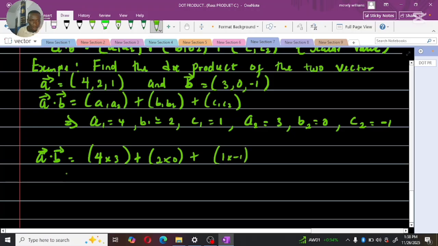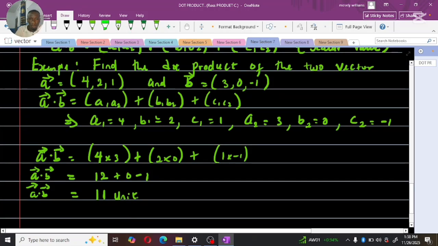So this will give us 4 times 3 is 12, plus 0, plus 1 times minus 1, that is minus 1. So we have 12 plus 0 minus 1. That is 11. It's as simple as that. You can say 11 units.